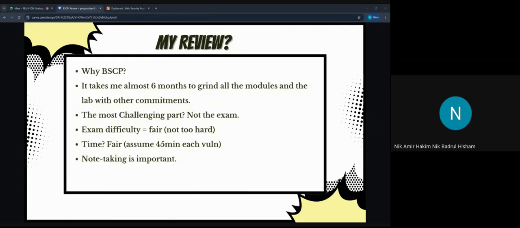So my review on the examination itself. So why BSCP? Before I answer that, I will say that most penetration testing companies are using Burp Suite in their daily work. Back then, before Caido came, most of the companies were using Burp Suite.